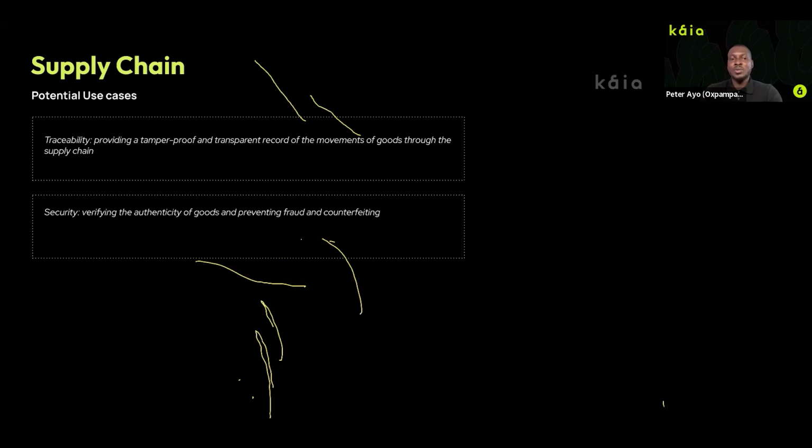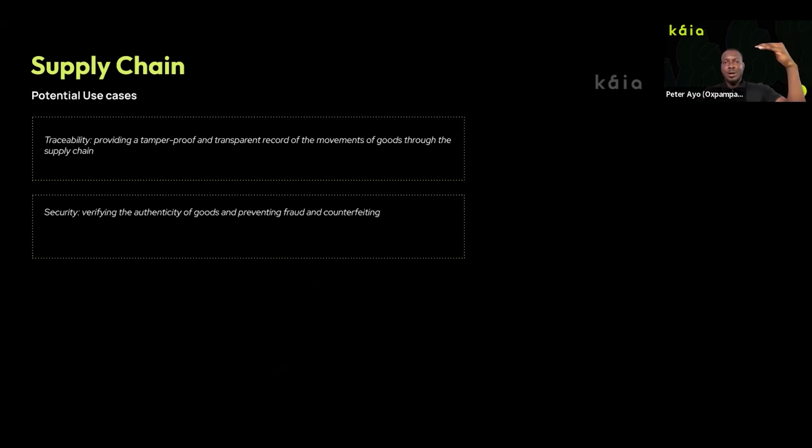But with blockchain integrated, all of the steps from production to delivery can be recorded on chain. This improves traceability, providing a tamper-proof and transparent record of the movement of goods from one place to another. What this also means is that it ensures that goods are authentic, because you can track all of the movement of the goods from production to delivery.